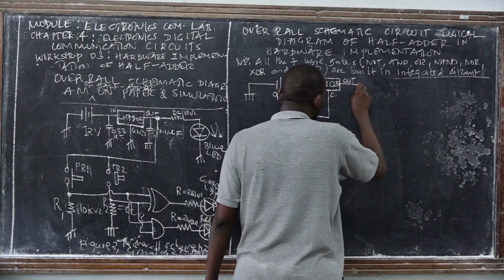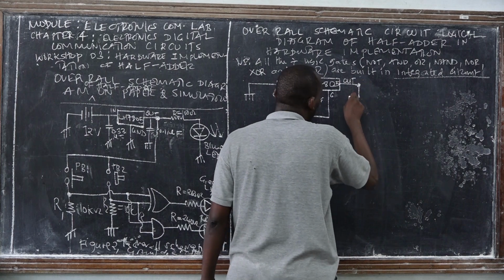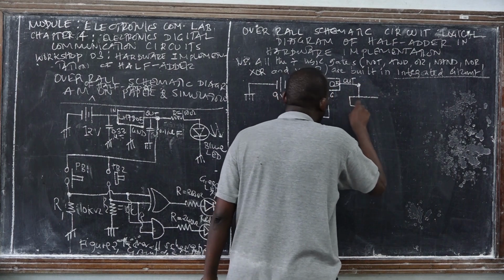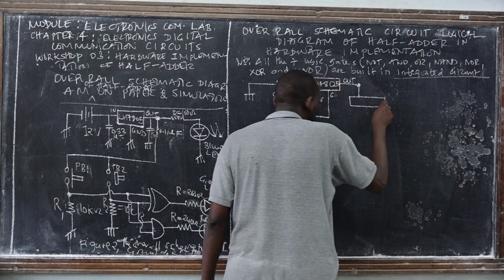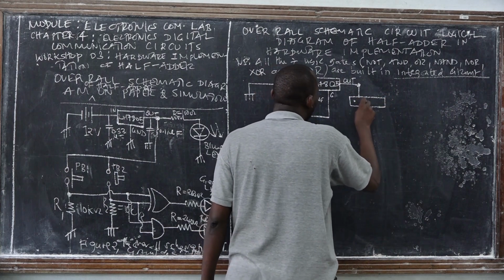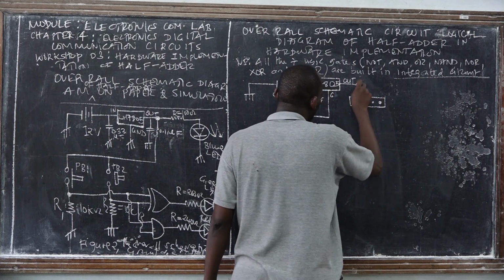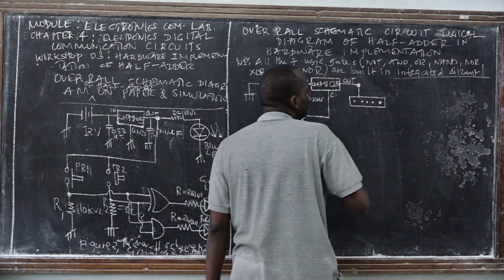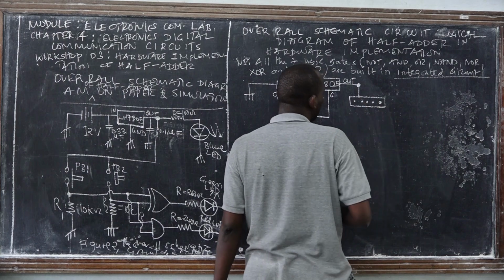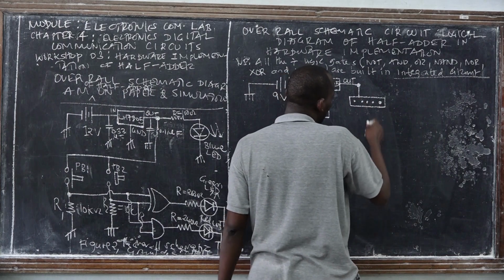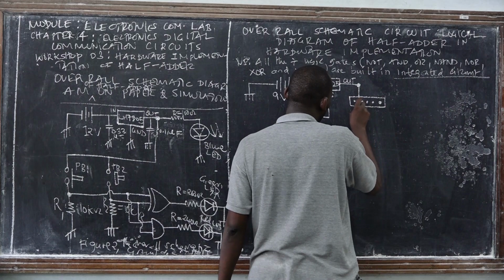And at this point, we should have a T block or a male header or a female header, where we are going to have our DC power bank to power different parts. So you can have just a T block of what? 5 terminals, 6 terminals?